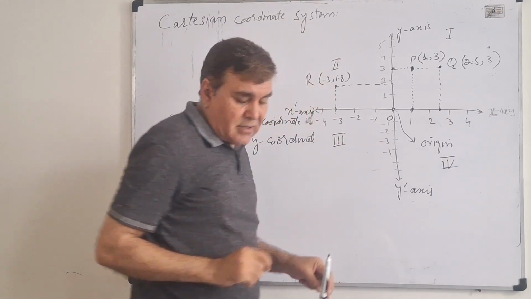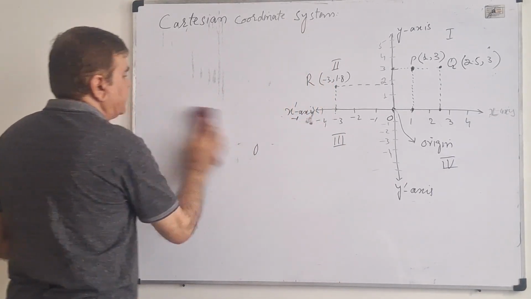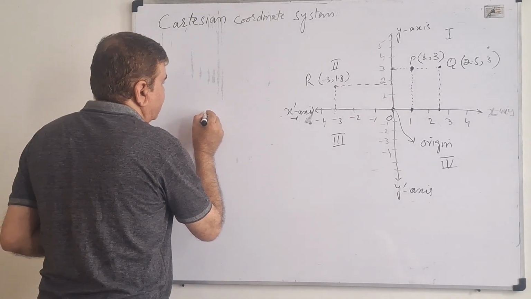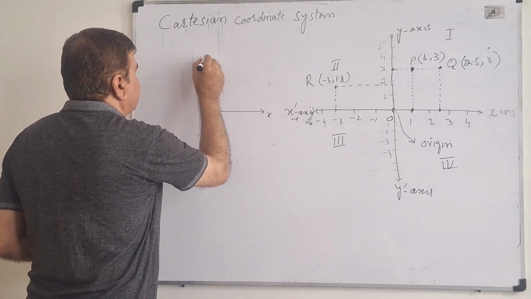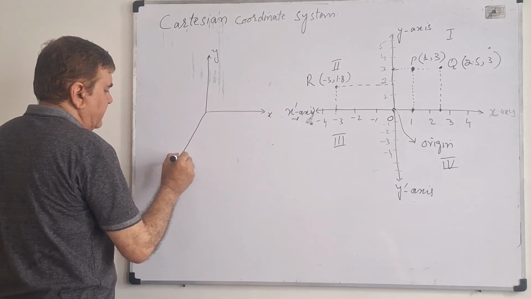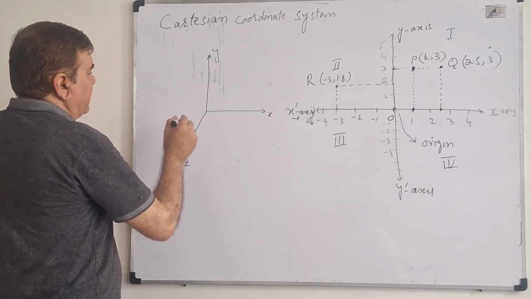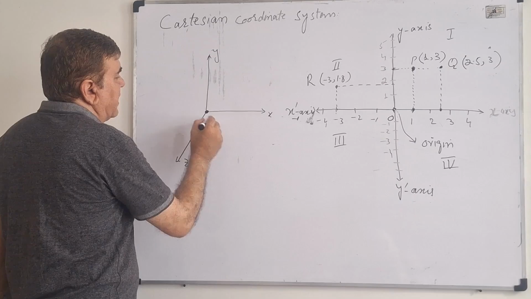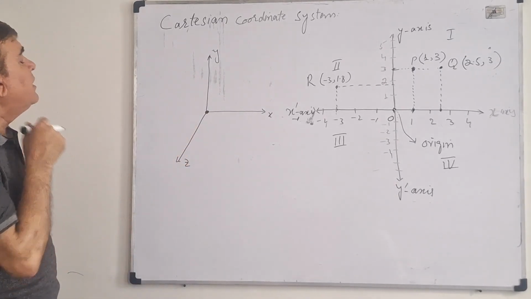For graphical purposes, we represent the three-space axes like this. Usually we take the x-axis in this direction, the y-axis in this direction, and the z-axis in this direction. The point at which the three axes intersect or meet each other is called the origin, and the values of all three axes at this point are 0.